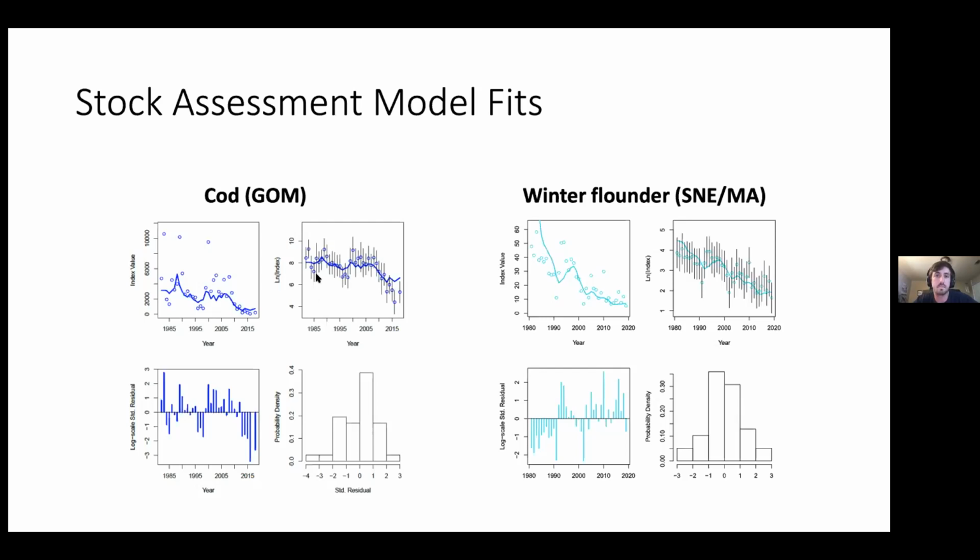In these examples, the stock assessment is the solid line. This is the model fit for Gulf of Maine cod to the MADMF trawl survey, and over here, the same thing for winter flounder. The other three plots are diagnostics that we look at when doing stock assessment to see whether these assessment models are fitting our indices well. So it's a way to look at your stock assessment results.